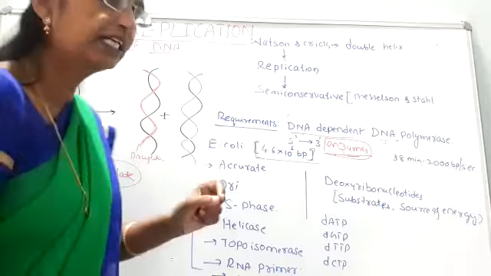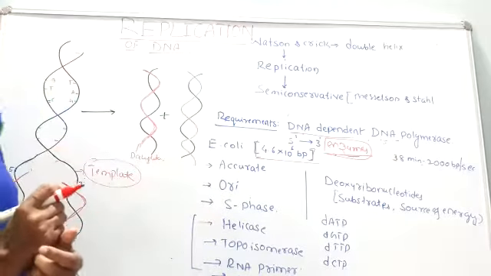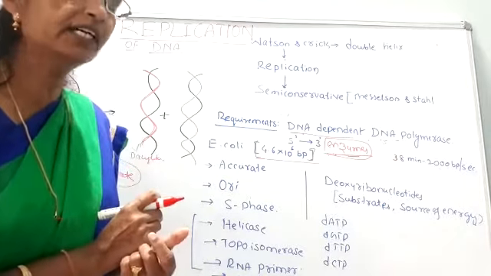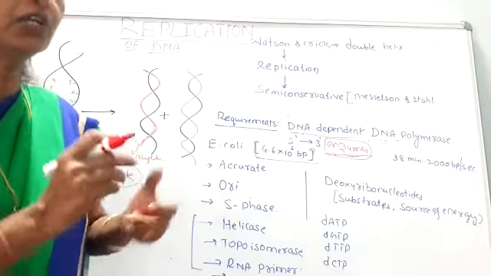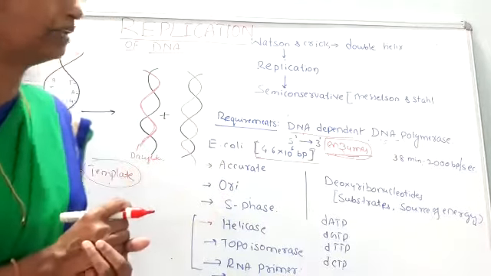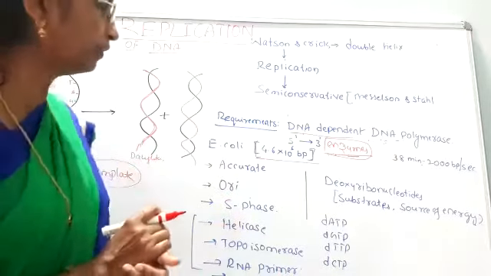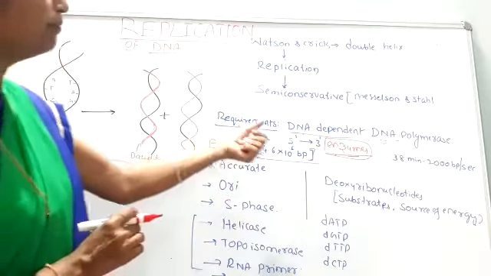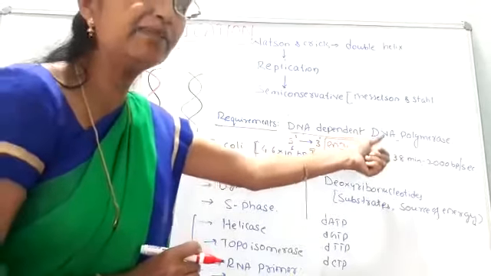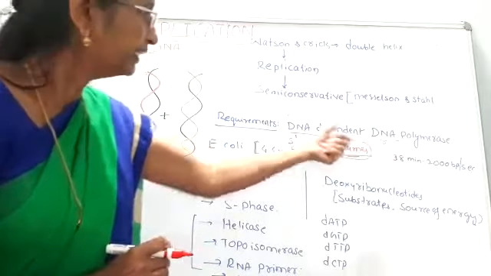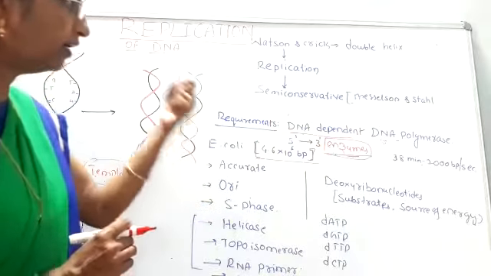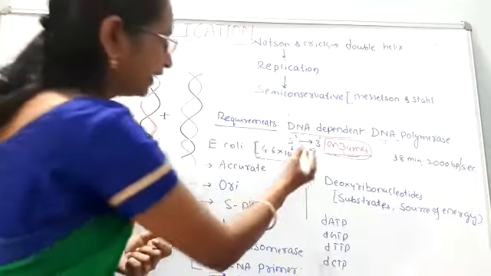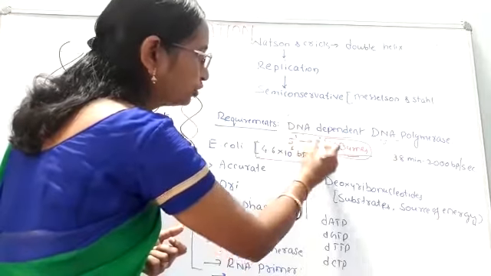We will discuss later the different types of DNA polymerases. There are 3 types of DNA polymerases. Those are not mentioned in our syllabus, but we shall discuss them separately later on. The main role of the DNA dependent DNA polymerase is to carry the synthesis of new DNA in the direction of 5' to 3'.